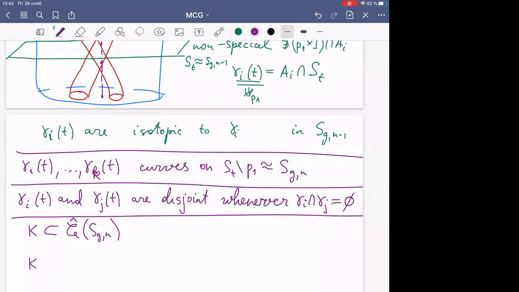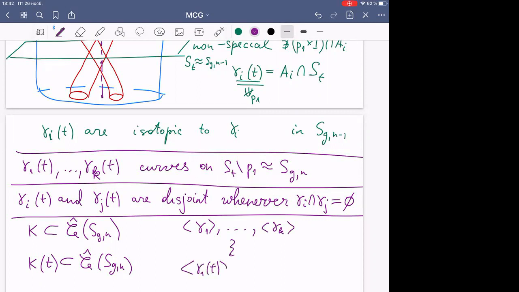So for any t, we also have the corresponding subcomplex, where these vertices are replaced by vertices gamma 1 of t, ..., gamma k of t.